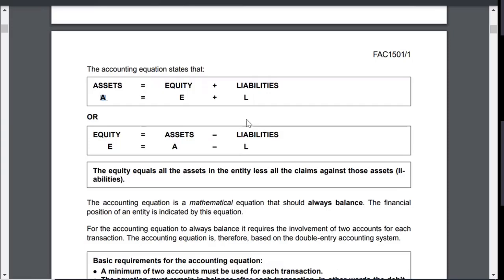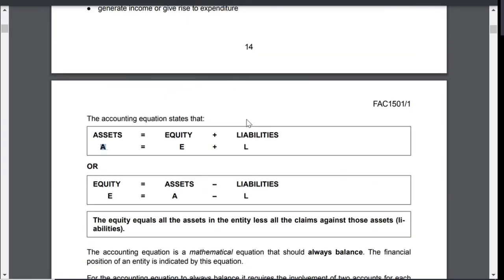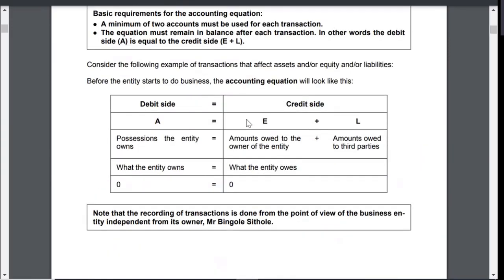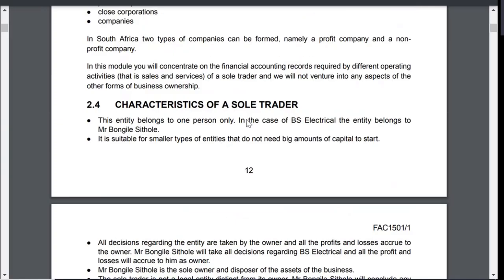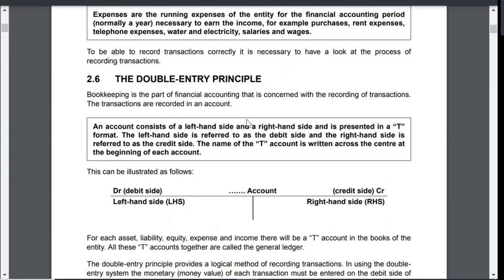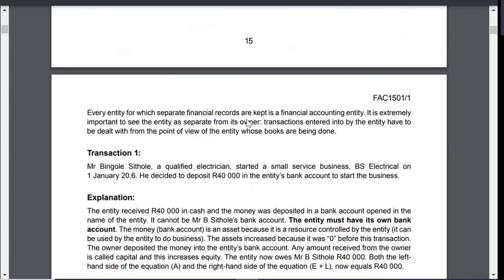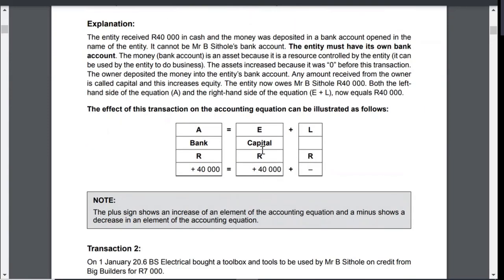If this wasn't done according to the accounting cycle, we could have recorded the first transaction directly to the financial statements.